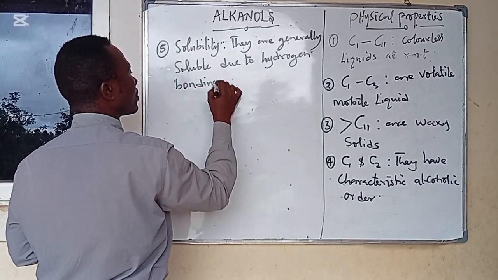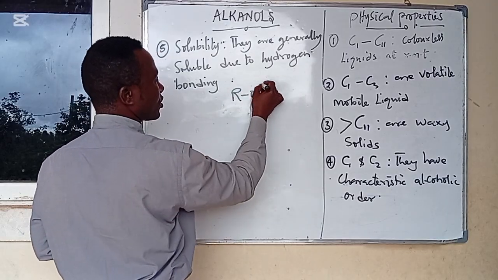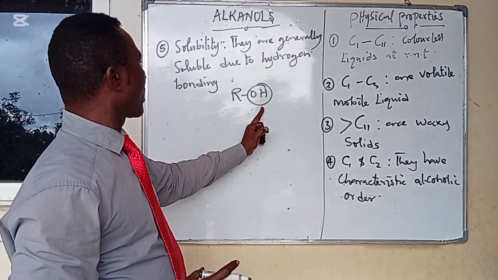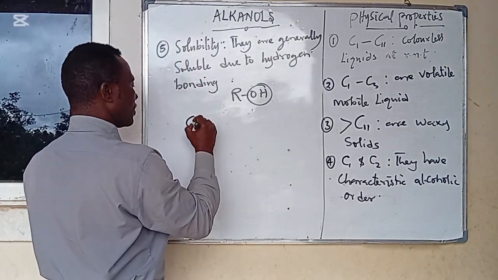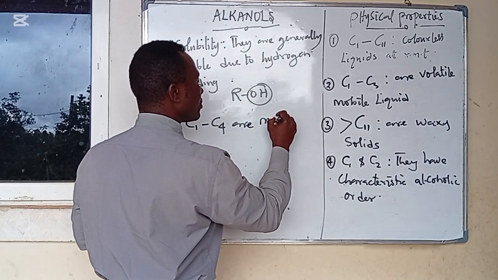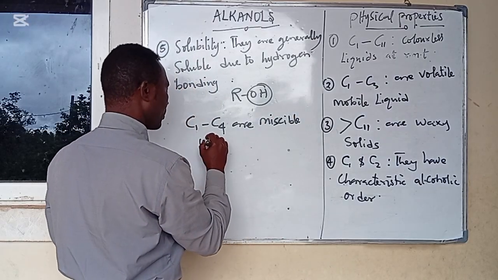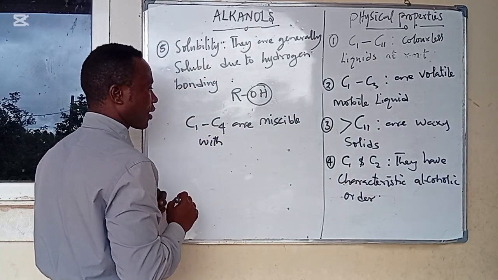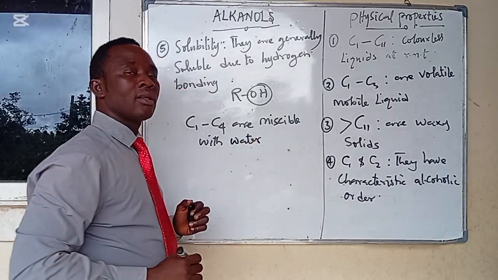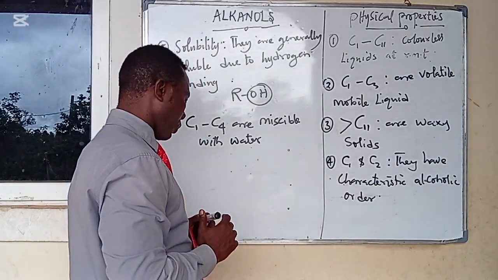If you look, you see that their general formula is ROH. There is hydrogen bonding in the hydroxyl group, making them to be soluble. In fact, C1 to C4 are miscible with water. Very miscible with water. Remember, C2 is ethanol. Ethanol is miscible with water in all proportion.